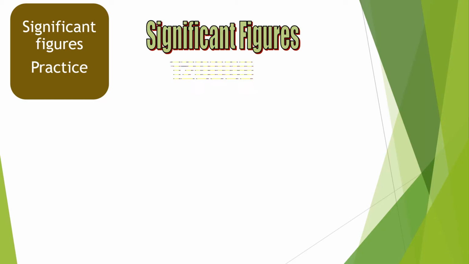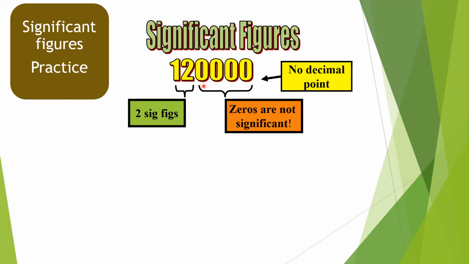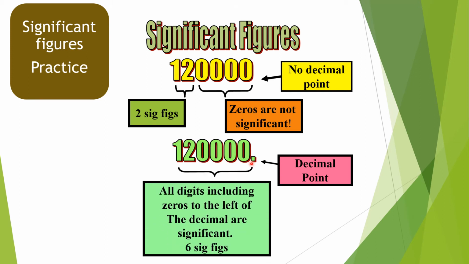Now we are doing practice of significant figures. Here in this number 120000, there is no decimal point, so zeros are not significant and we have only two significant figures, 1 and 2. But here in 120000. there is a decimal point and all digits including zeros to the left of the decimal are significant, and we have 6 significant figures.